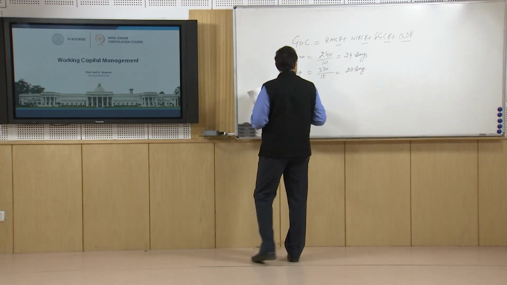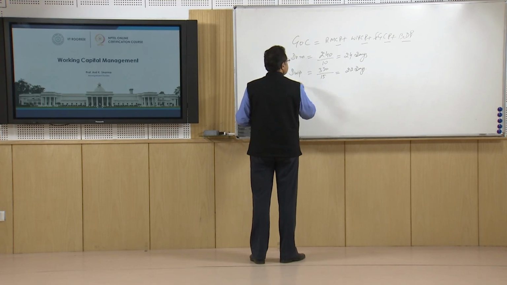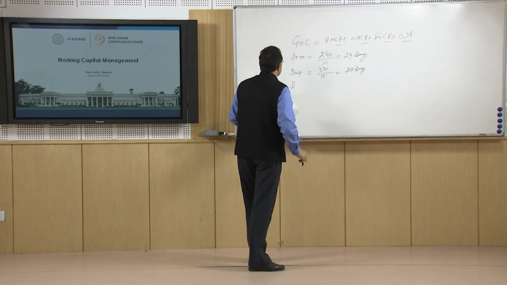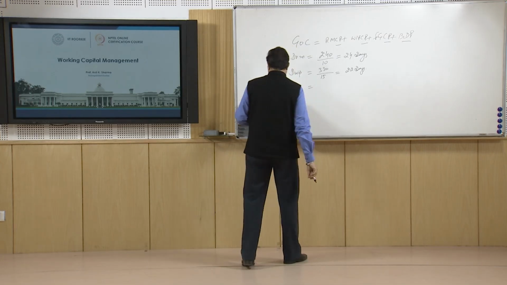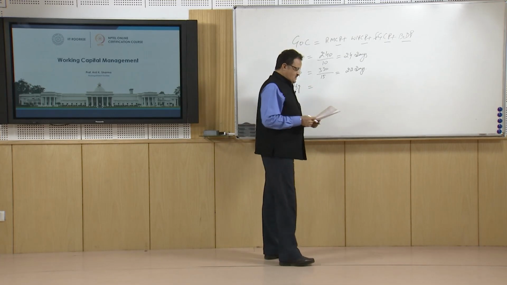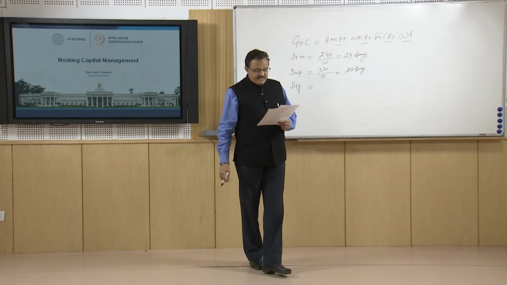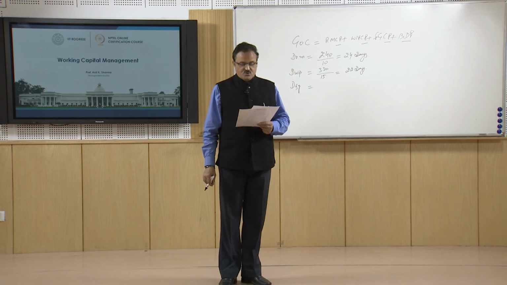Then for the next duration, the FGCP, or we call it DFG, how do we calculate it? Average stock of finished goods divided by the average cost of goods sold per day.